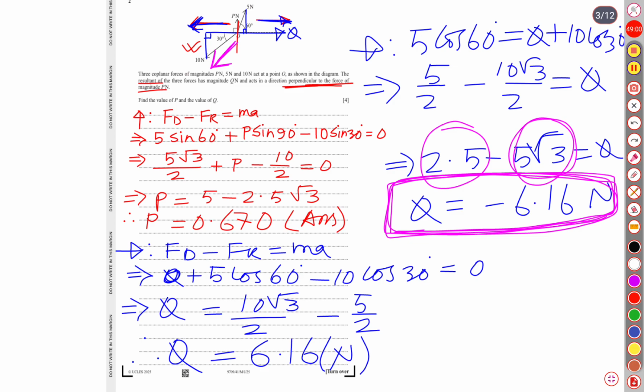I think you got my point. As the force on the negative direction of x is already larger, if you want to make it equilibrium, then on the right direction of x, you will have to add up the force. That's why we have added this Q on the right side, as driving force.